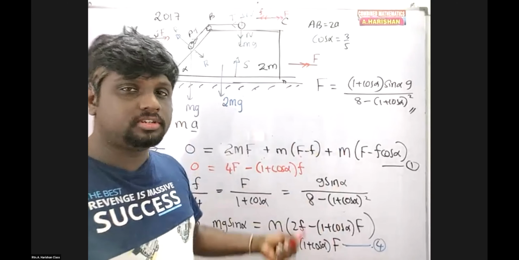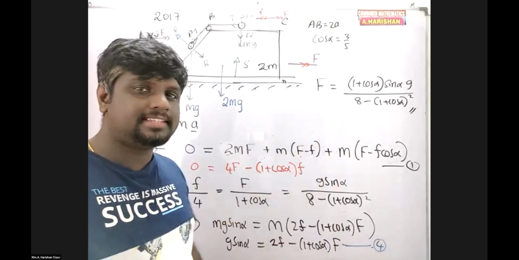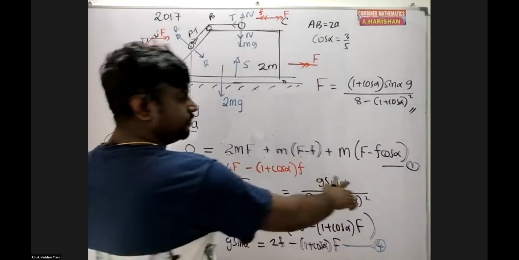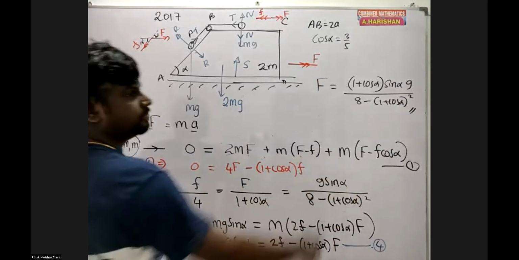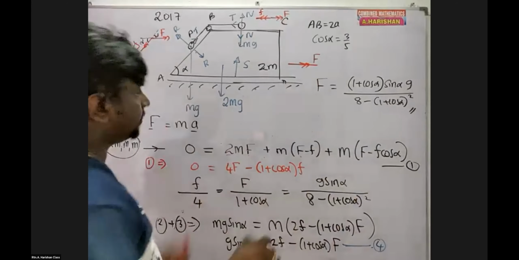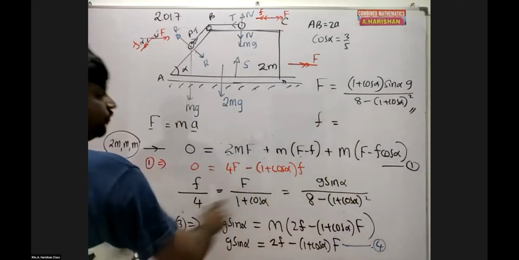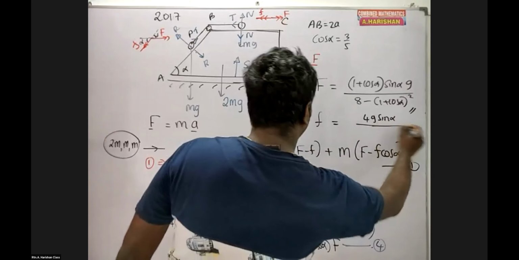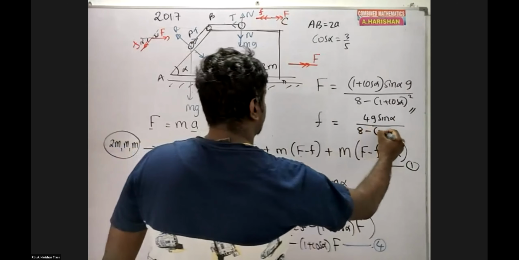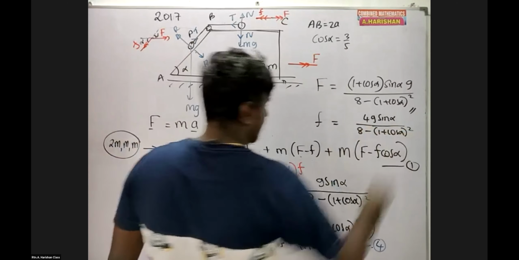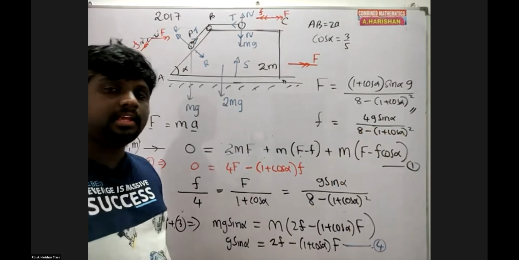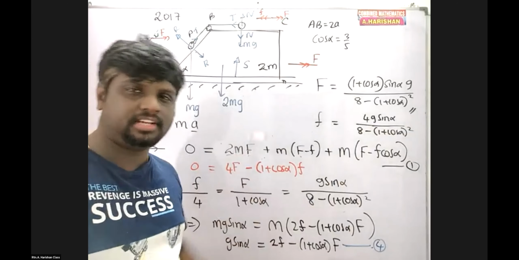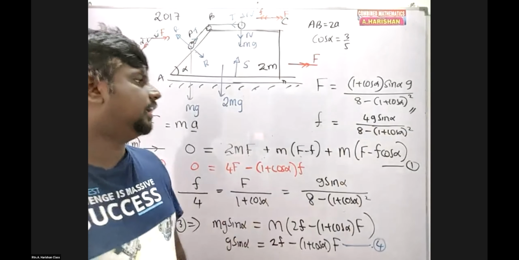So to have that knowledge, I kept the sin alpha and cos alpha without substituting. Now I can substitute. So what do you mean by simple f? If you want simple f, you can cross multiply by 4, and that is simple f. So 4g sin alpha over 8 minus 1 plus cos alpha whole thing square. That's it. So this is our technique to find the accelerations in the wedges. Otherwise you will struggle by multiplying, subtracting, substituting, and all those things.